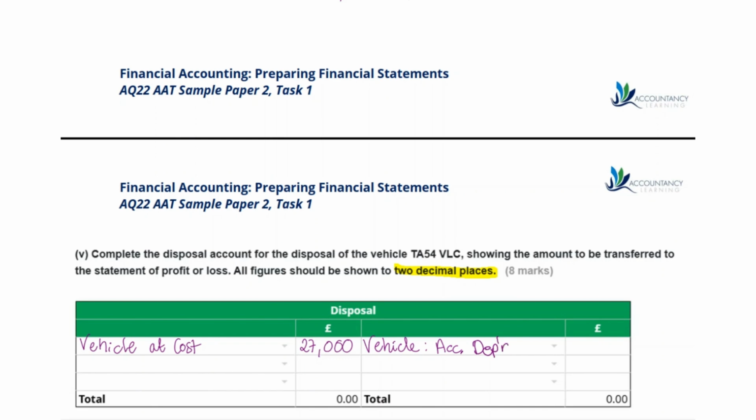And we're going to then put in 11,812.50 as our accumulated depreciation. We also need to put in here the bank figure because we got some proceeds for the sale. So we would have debited the bank and therefore we credit the disposals account.